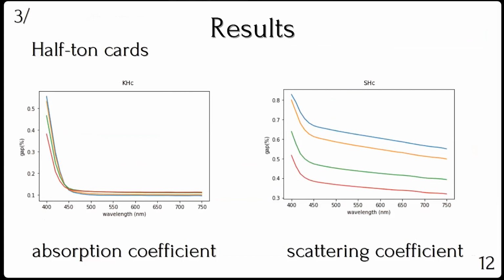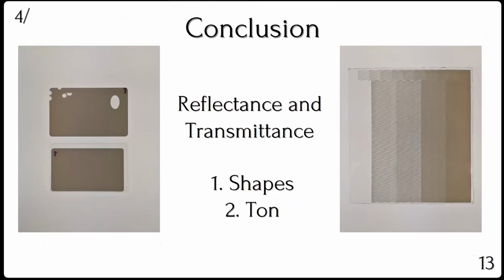And by adding this to already existing security methods like UV ink, we can create a new way to fight counterfeit documents. White ink is a good solution to this.